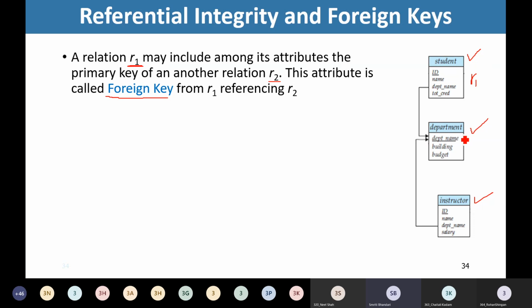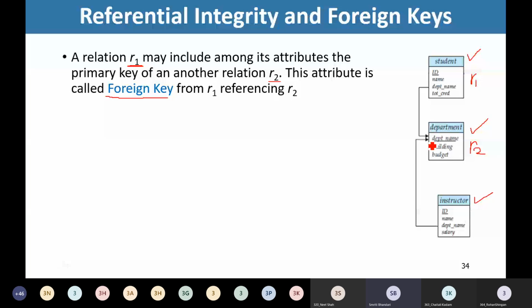So this is my relation R2, from where this attribute is borrowed, and in R2 it is my primary key. So the primary key of R2 is used as one of the attributes in relation R1. Similarly, in this instructor relation also, I am borrowing this department name, which is the primary key of another relation, that is department.